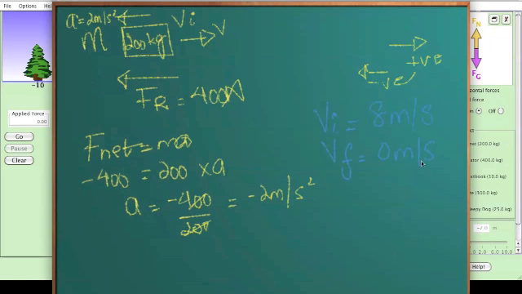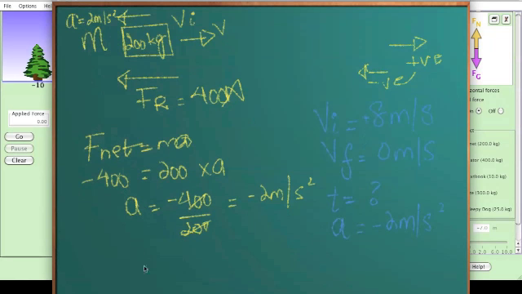So at rest the velocity would be 0 meters per second, and we want to find out the time, and the acceleration is minus 2 meters per second square. It's in the opposite direction to the velocity, and the velocity is towards the right hand side, so it's positive.